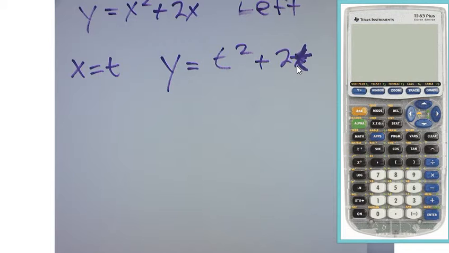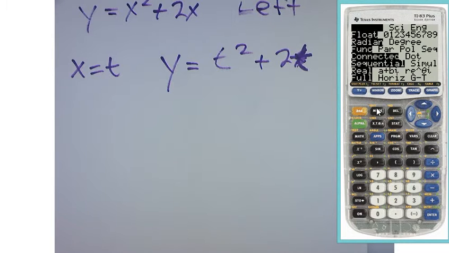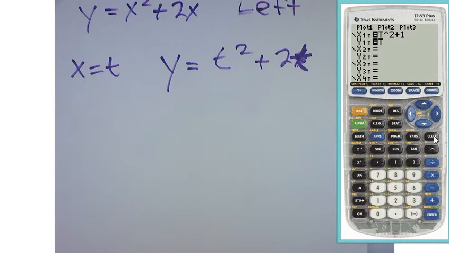Okay? So first let's verify our graph. What I'm going to do is turn on my calculator, switch mode. I'm going to come down here and go to parametric equations, hit enter. Then I'm going to graph them. This time we're going to let x equal t, and then for y, we're going to let y equal t squared plus, oh wait, it's plus 2t.